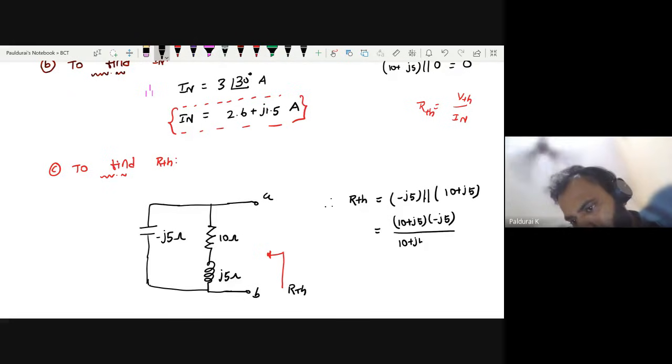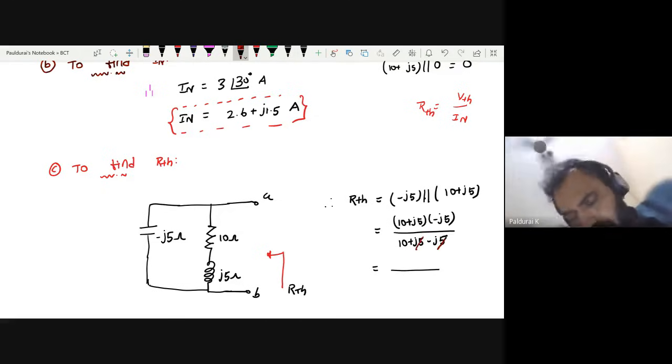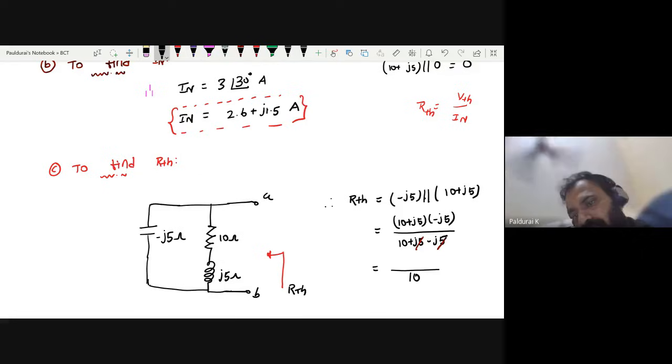So 10 plus J5 minus J5. These two will be cancelled, so you will end up with 10 in denominator. So this is 10 plus J5 minus J5. So it becomes minus J50 minus J square 25.